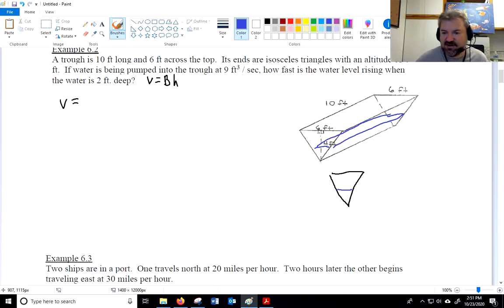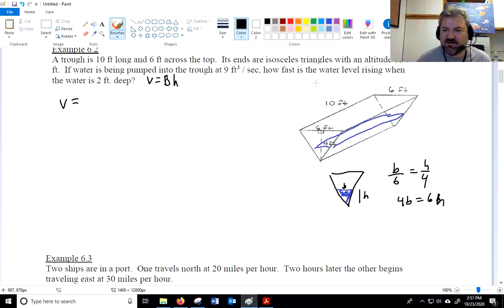But the triangle of water is similar to the outer triangle, so they have to be in proportion. If I call this B and I call this H, then B is to 6 as H is to 4. Has to be that way. So 4B equals 6H, something like that.